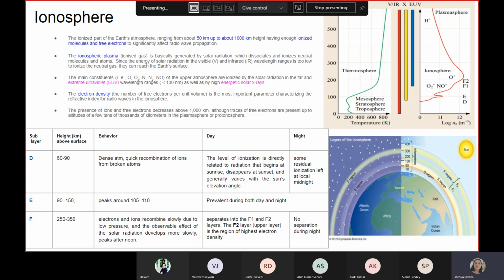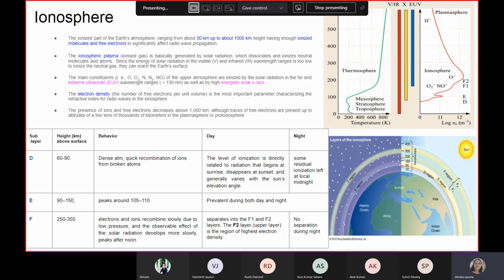There is a table here as well as a figure showing different layers of the ionosphere. There are two pictures inside this picture. One is the day picture, another is the night picture. You can see different layers of the ionosphere are active during the night and day. Why is that? Because the ionizing energy is coming from the sun. So naturally, more ionizing activity is happening during the day rather than during the night.